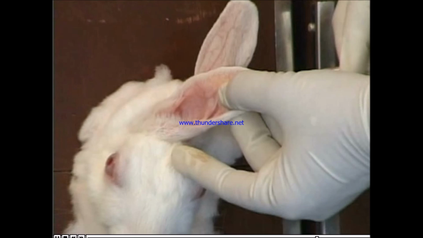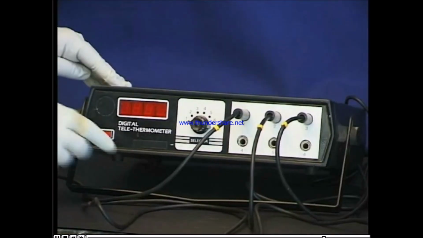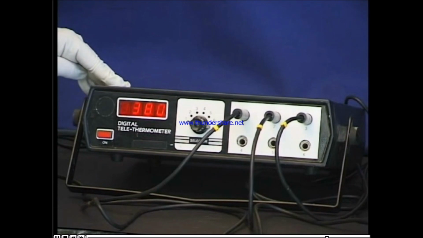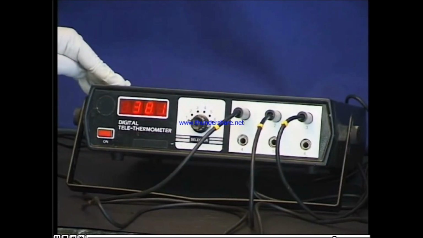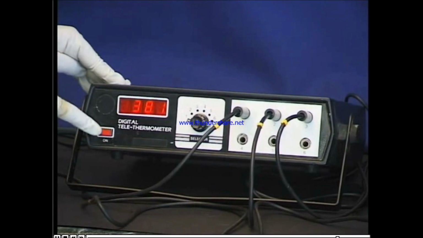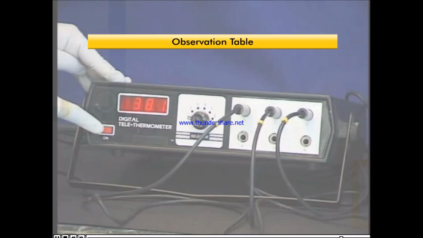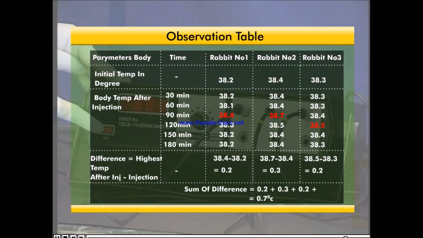Record the temperature of each rabbit at every half hour for 3 hours after the injection. If you observe the rise in body temperature of all 3 individual rabbits is less than 0.6 degrees centigrade, this is indicative of the fact that the test sample is free from pyrogens.